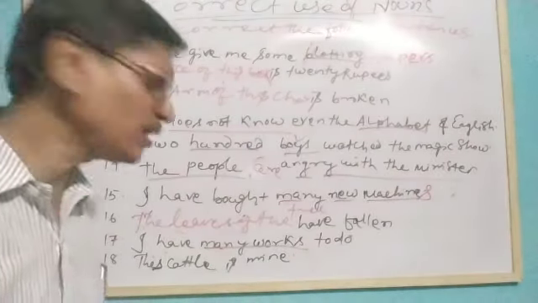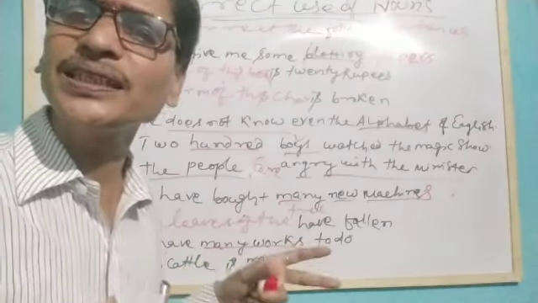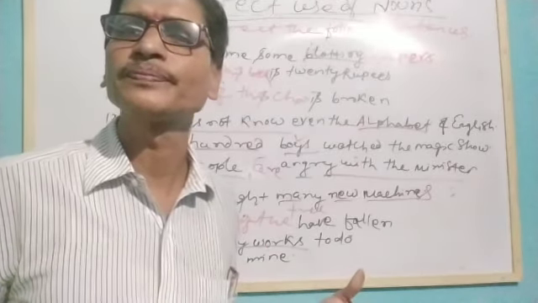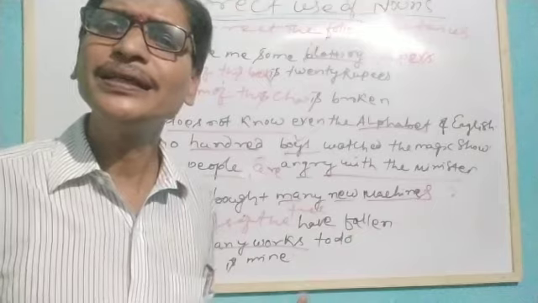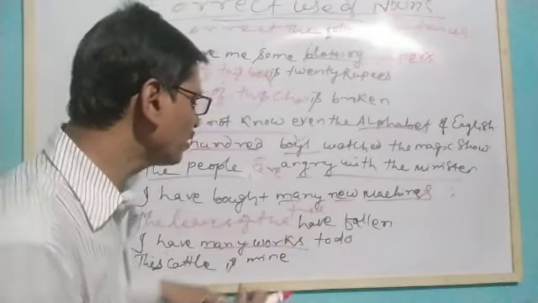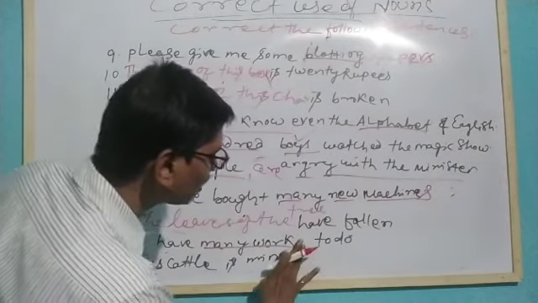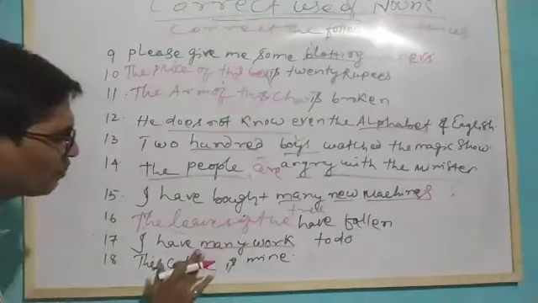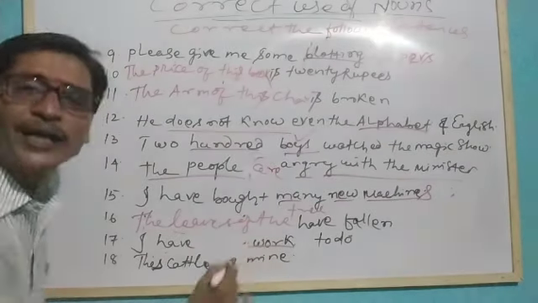So, I have many works. Here you see, work is not a countable noun, so we cannot make works over here. We also cannot use many because it is an uncountable noun.